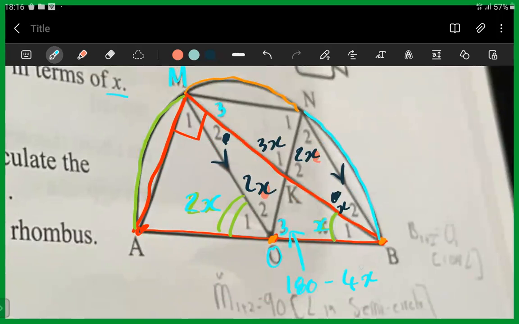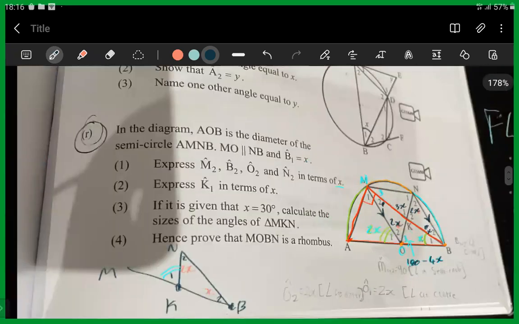They already gave you x is 30, so you can use that to get M3. And once you have M3, getting N1 is also going to be easy because of the interior angles of the triangle.